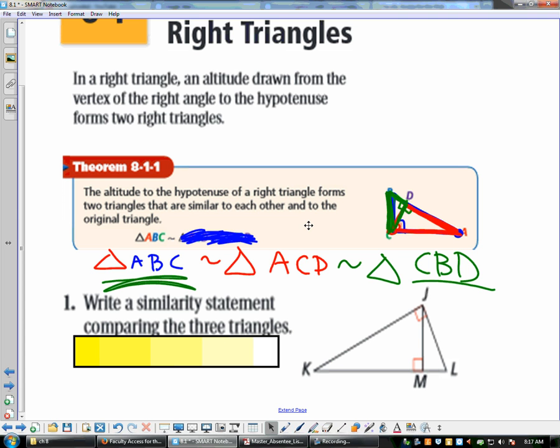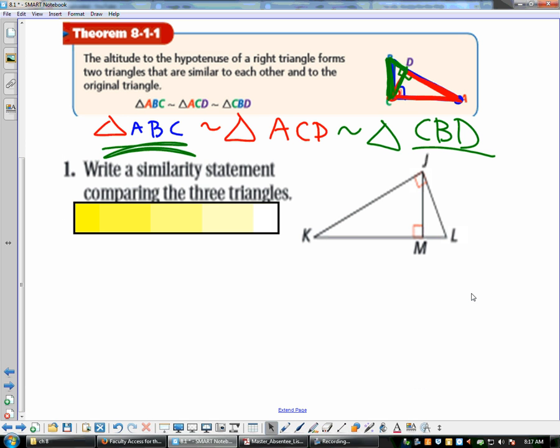All right, and let's see if that is what I had written here. A, C, D, C, B, D. Are we okay with this? Okay, so now that you've done that, I'm going to ask you to do the same thing with this example. Let's start with triangle KLJ, just to get a little different order here.